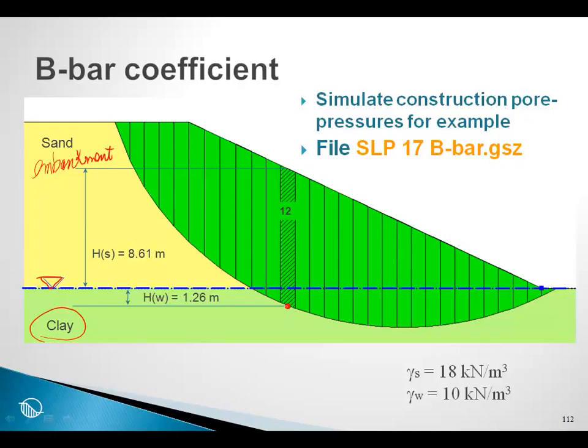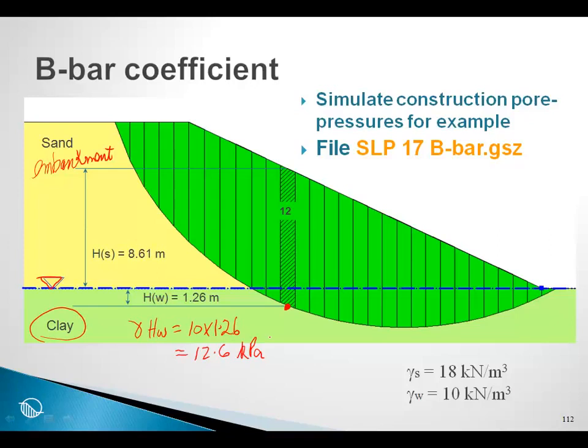At the base of slice 12, for example, we can spot check what the pore pressure should be. Prior to the sand being placed, the pore pressure would have been gamma H water, which is equal to 10 times 1.26, which is equal to 12.6 kPa.